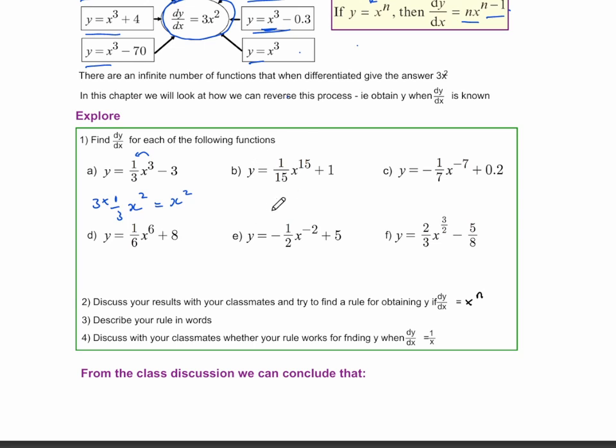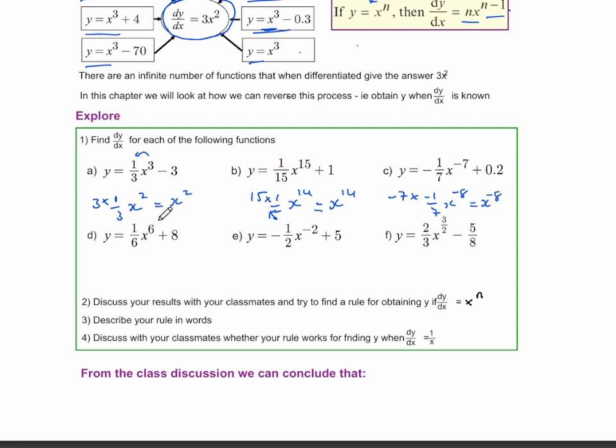This one right here, you multiply 15 times 1 over 15 x power 15 minus 1, which is 14, the constant just goes away, you end up getting x power 14. This next one, you take negative 7, you multiply by negative 1 over 7 x power negative 7 minus 1, which is negative 8, constant goes away, we end up getting x power negative 8.